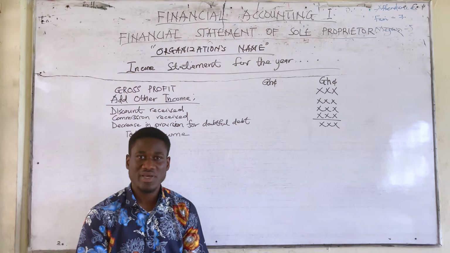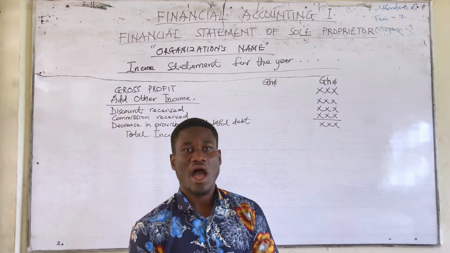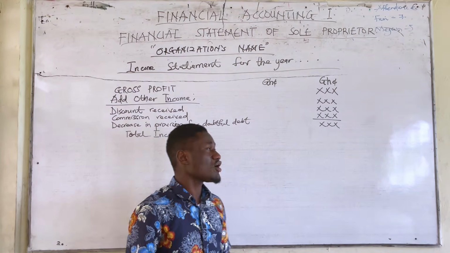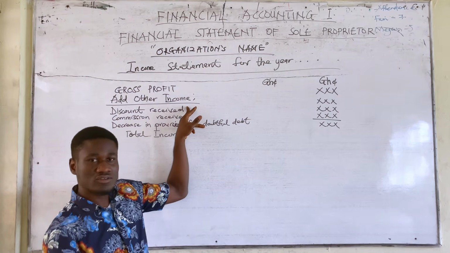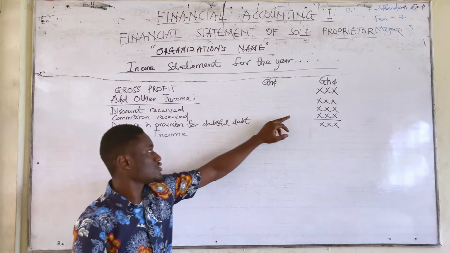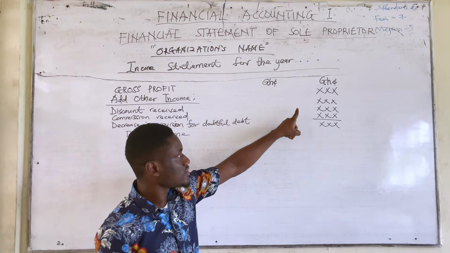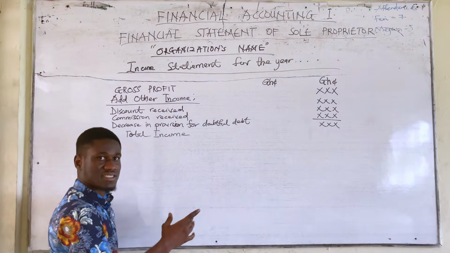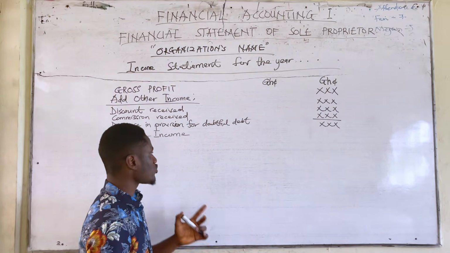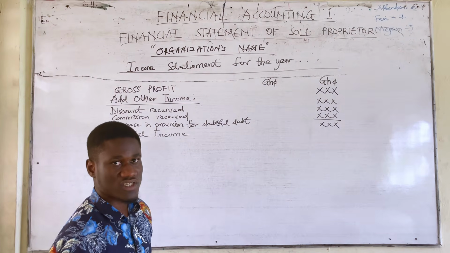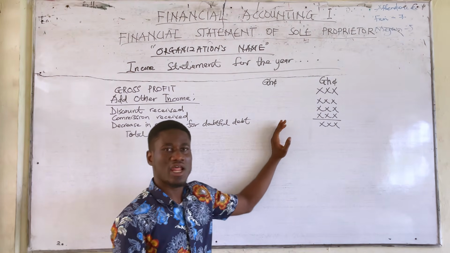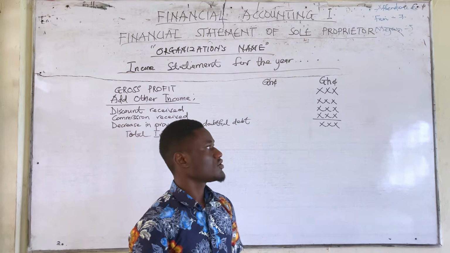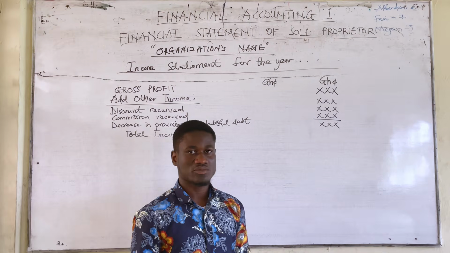What I'm trying to say is that basically when you see accruals, outstanding, owed, accrued, just add that figure they are talking about to the trial balance figure for that item. Do you get it? So if they said in the additional info that discount received accrued is 50 cedis, and in the trial balance you have 100 cedis for discount received, add the 50 cedis to the 100 cedis. What you get right there, that's what I'm trying to say.